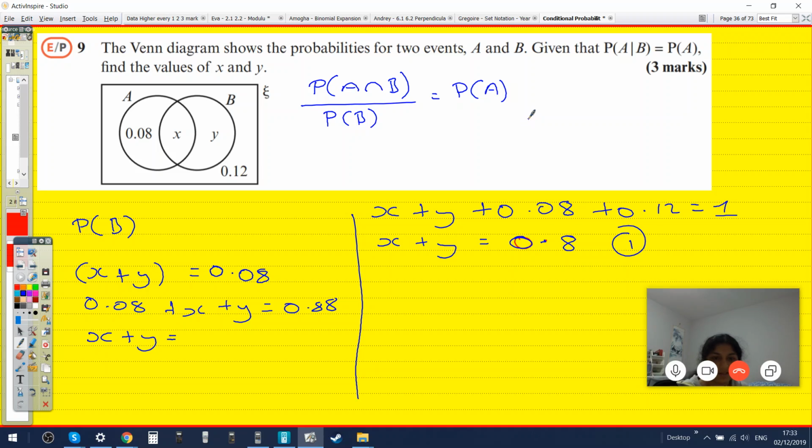A intersection B is X. And then probability of B is X plus Y. And P of A is, oh, that's why I went wrong. P of A is 0.08 plus X, and I didn't put the plus X on the end. Okay, so go on, try that again.